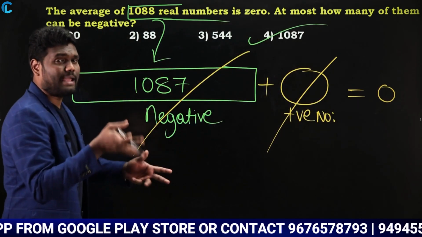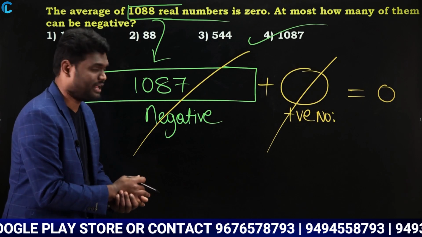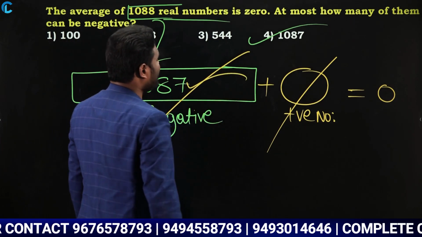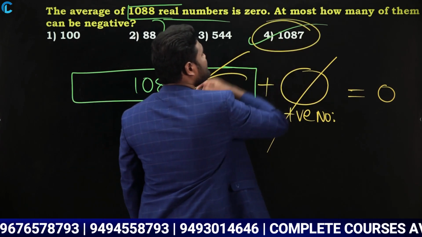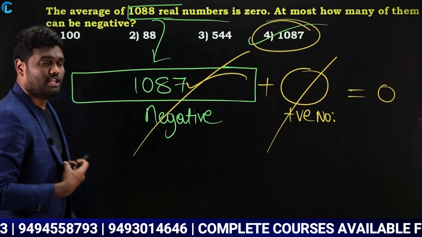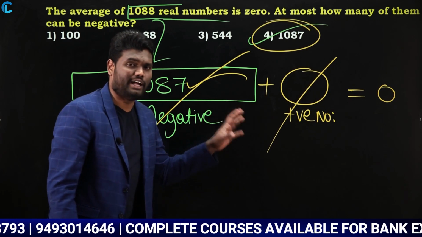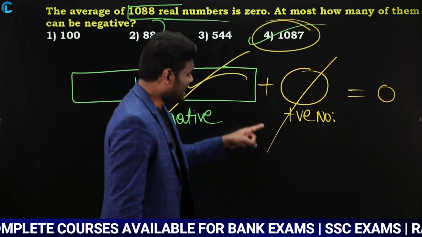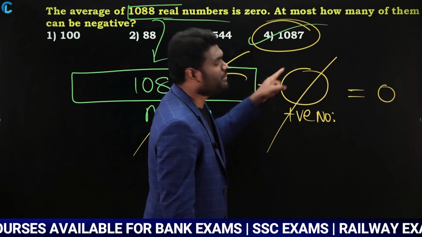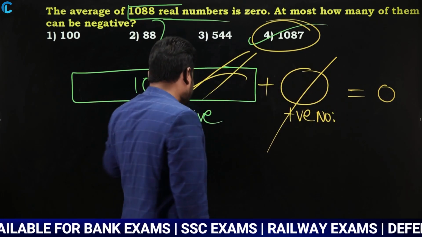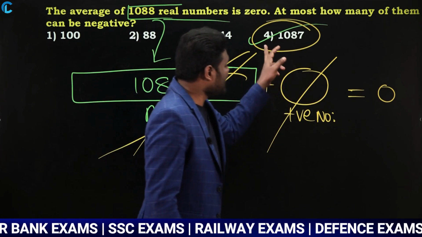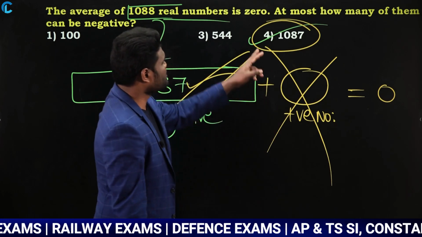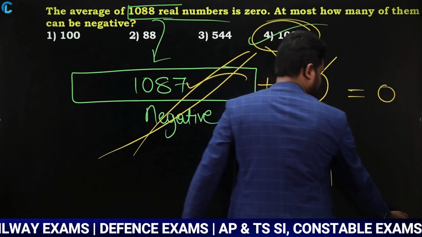So if I apply the same concept we used earlier, the maximum number of negative values possible is 1087. If all these numbers are negative and only one number is positive, then the negative values are cancelled by the positive value and the sum will be equal to 0. So the answer for this question is going to be 1087.